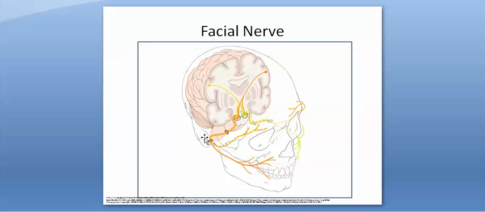Now, only the superior facial nerve branch is going to have information that's crossed over, that has decussated from one side to the other. Okay, and that's important from a pathophysiology perspective, and we'll get to that in just a second. Okay, so we have information from both sides of the brain telling the facial muscles up here to work.